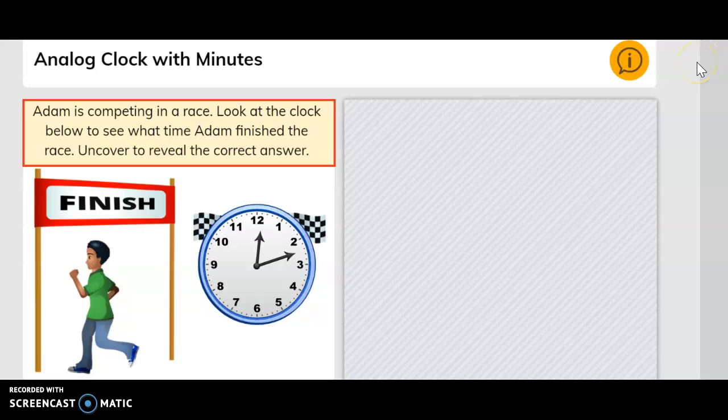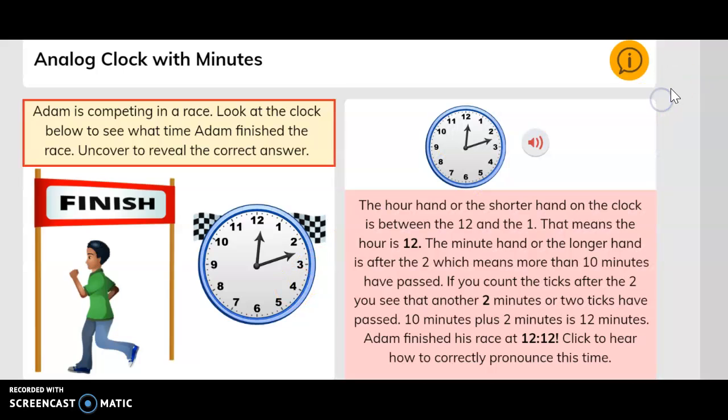Adam is competing in a race. Look at the clock below to see what time Adam finished the race. Uncover to reveal the correct answer. The hour hand, or the shorter hand, on the clock is between the 12 and the 1. That means the hour is 12.